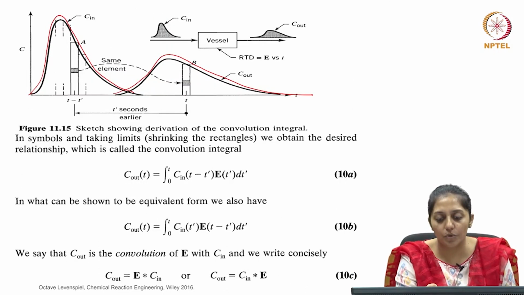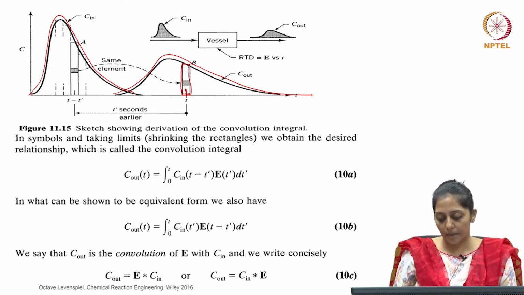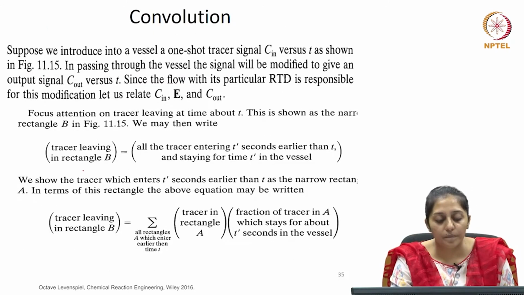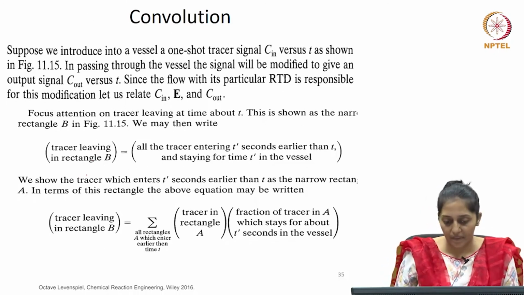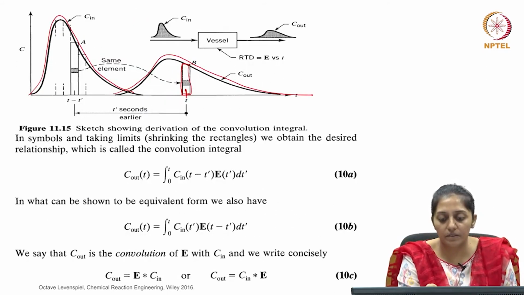So which is shown here. So this is the fluid element marked as B, which is leaving the reactor at time t. So the tracer in this rectangle B will be equal to, let's see this, the gray box.